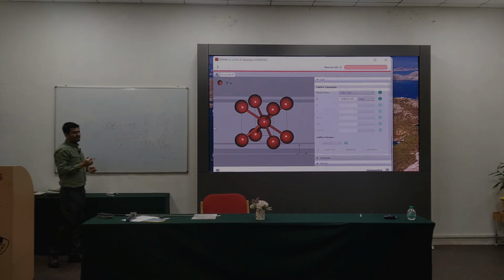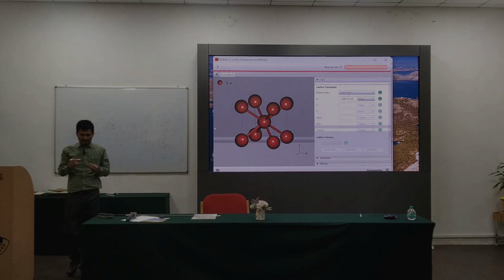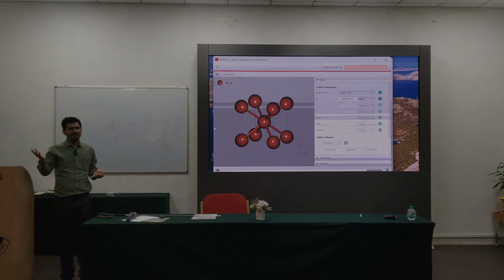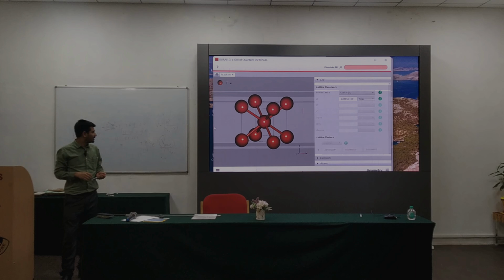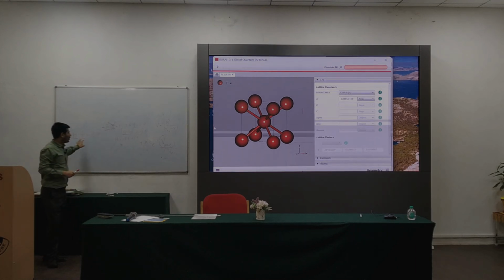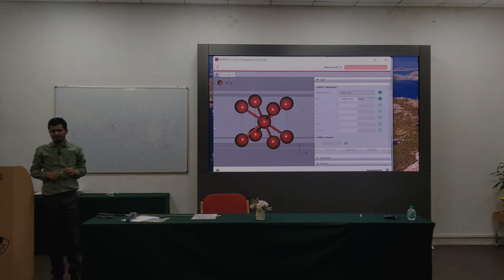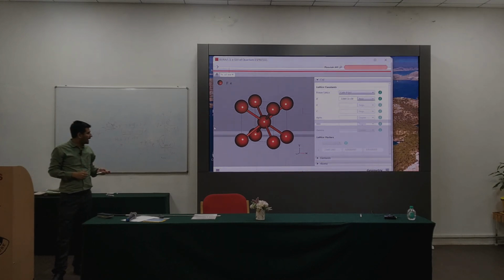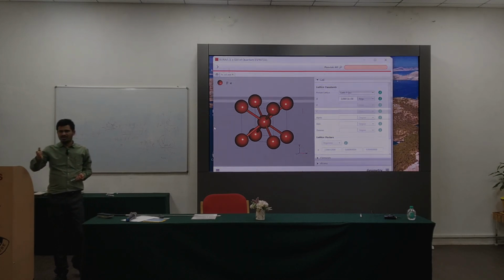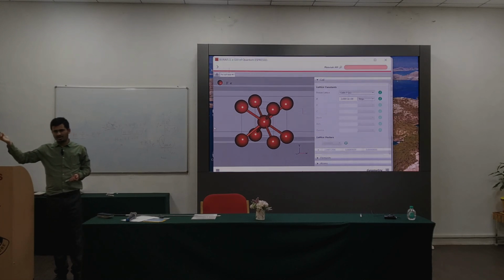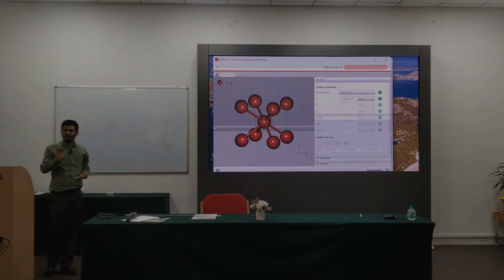Now every material is different. Suppose you see iron. Iron is different than sodium. So the Hamiltonian of iron is different than the Hamiltonian of sodium, or the Hamiltonian of hydrogen is different than the Hamiltonian of helium. What is the difference?